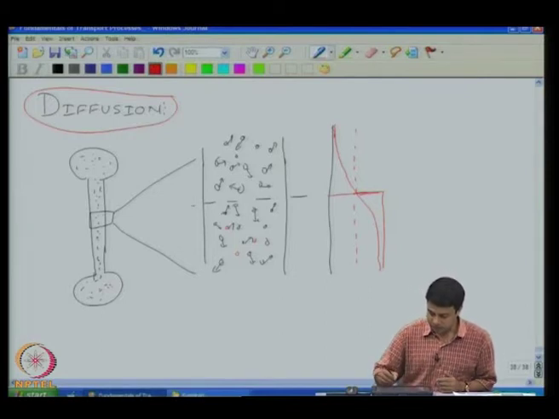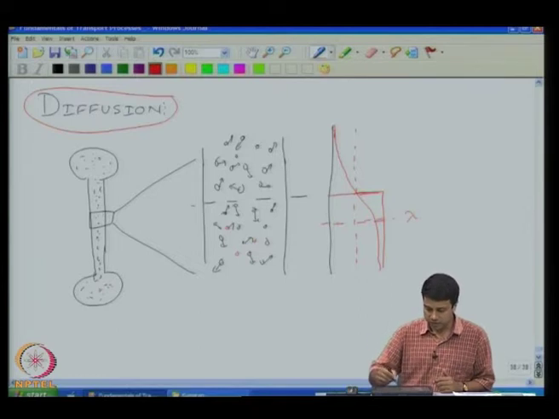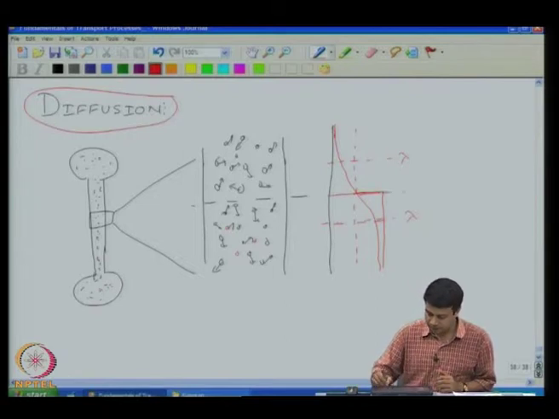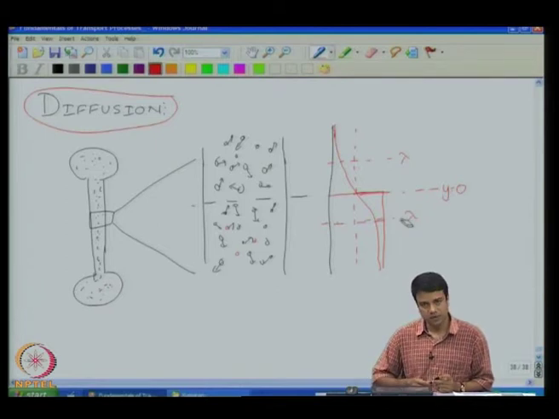So, molecules that are going above from below are coming from a distance comparable to the mean free path below the surface. Whereas, the molecules that are coming from above downwards are coming from a distance comparable to the mean free path above the surface. If I take this as the location where y is equal to 0, the molecules coming from below are coming from a distance approximately y minus some constant times lambda, a distance comparable to the mean free path below the surface.